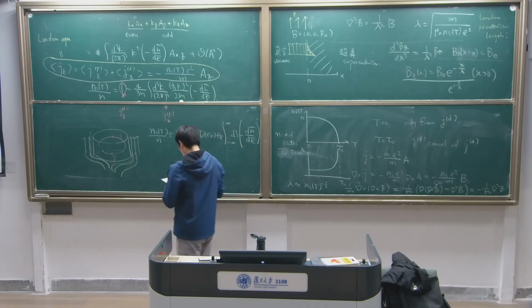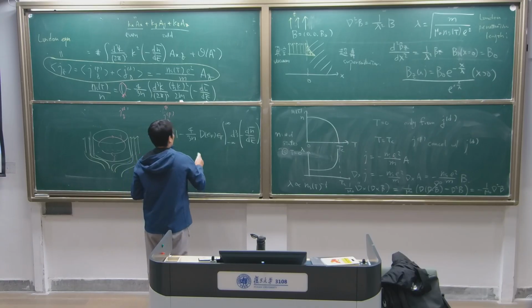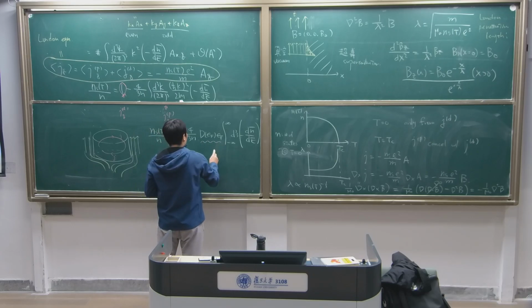Okay, and then you can show that this quantity is in fact 3n over 4.